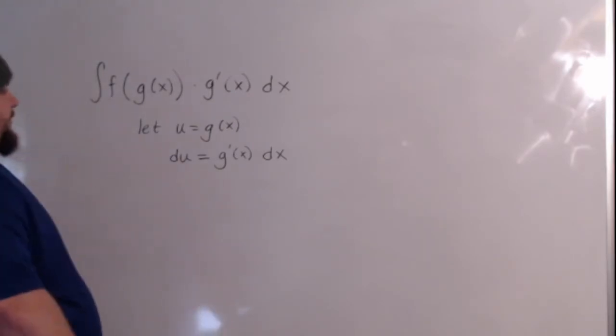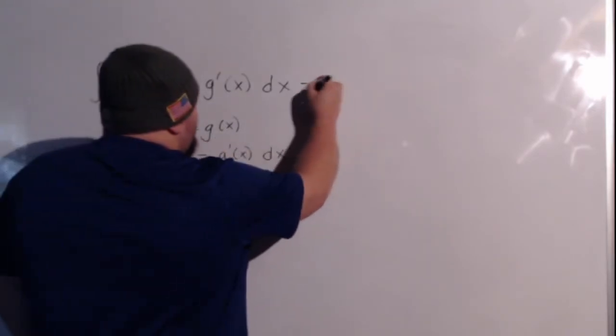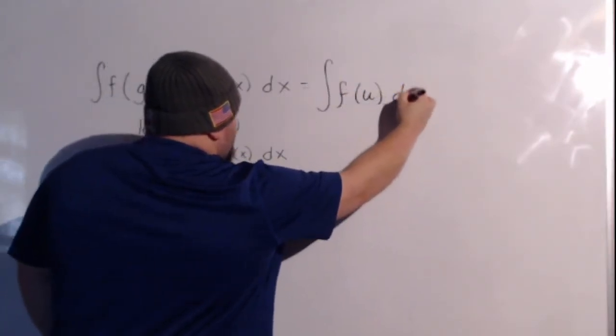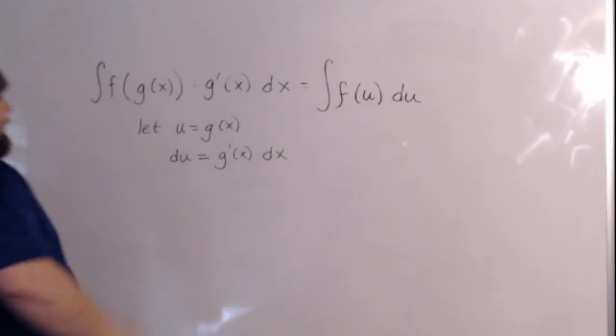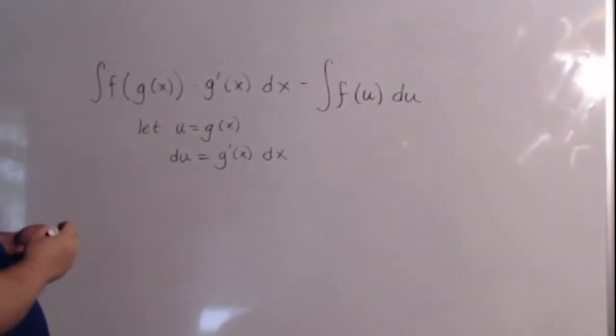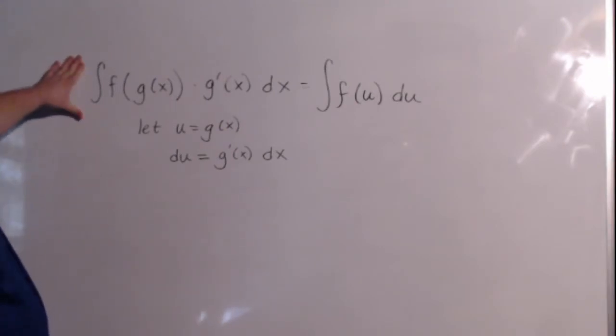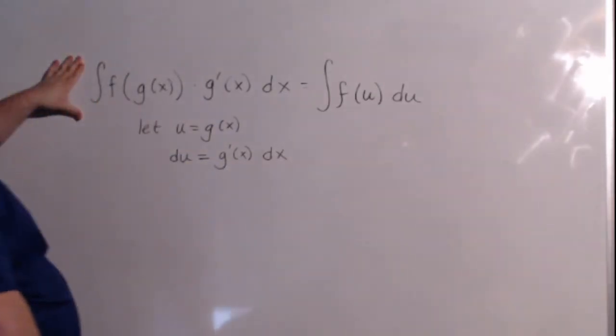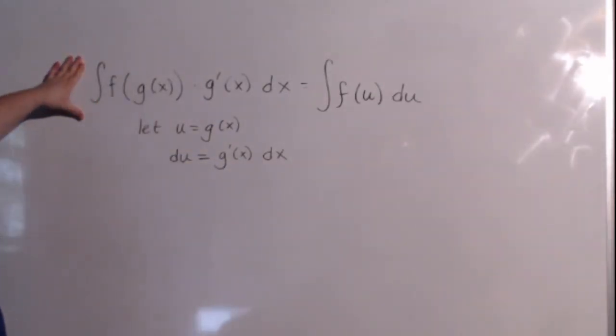If you make these substitutions, you can rewrite this as the integral of f(u) du. So the goal here is to take something that we do not know how to integrate and make it look like one of those functions in our list of basic integrals.